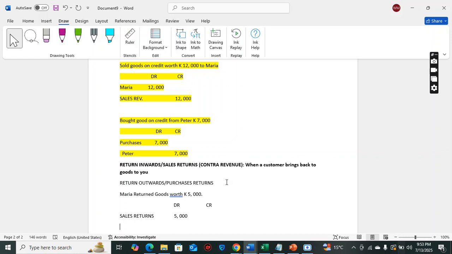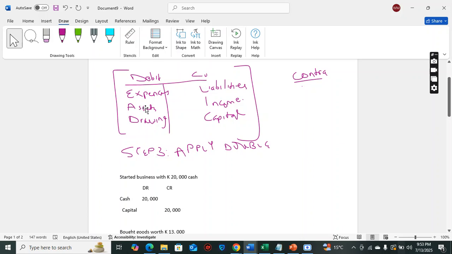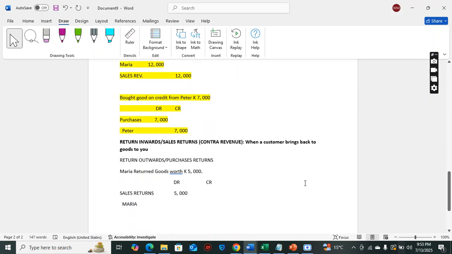So you credit Maria 5,000 to show there is a reduction in how much she is owing us. According to the double entry rules, an asset increases with debit, so it has to reduce with credit. So we have to credit Maria.